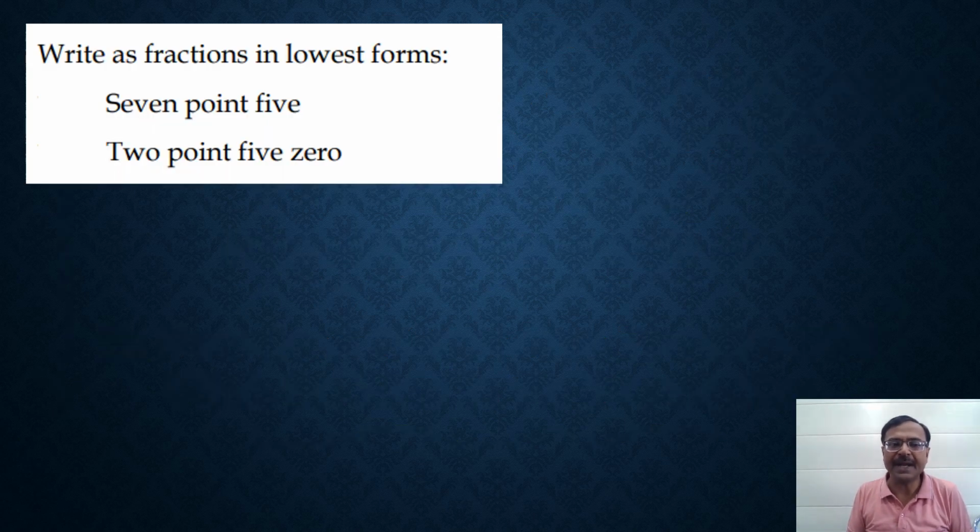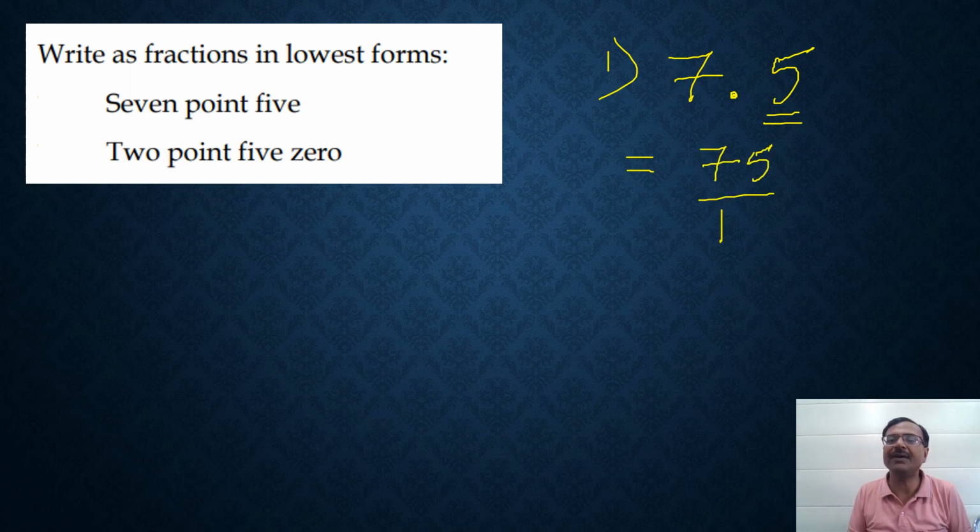Let's see the concepts in hand now. Write as fractions in lowest form. See, fractions in lowest form. The first one says 7.5. So if it is 7.5, you need to know how to convert that into a fraction. We have one decimal place. Therefore, if you remove the decimal, you will have 1 followed by a 0 in the denominator.